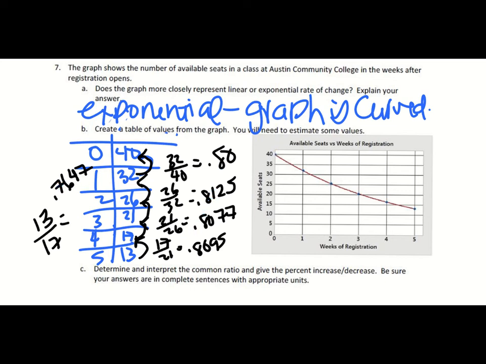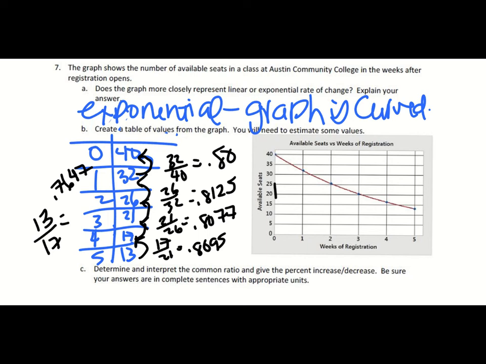So if I look at all of them, I'll try to write my sentence over here. I'm just going to write on top of the graph.